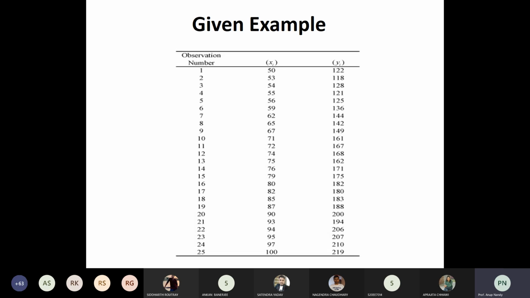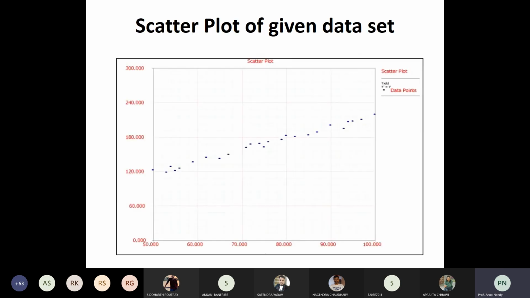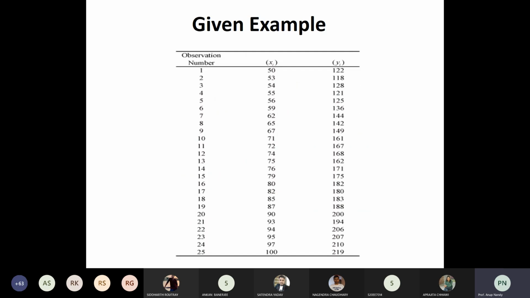Input means xi is the independent variable and y is the output. So this table will be given to you, and you need to fit it.